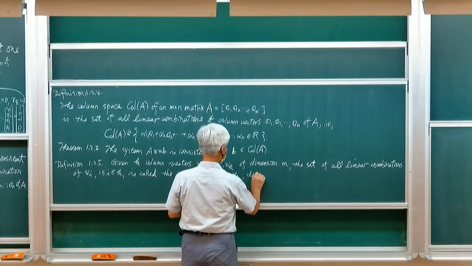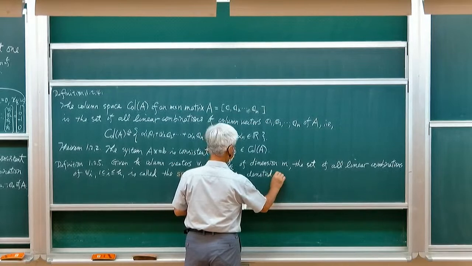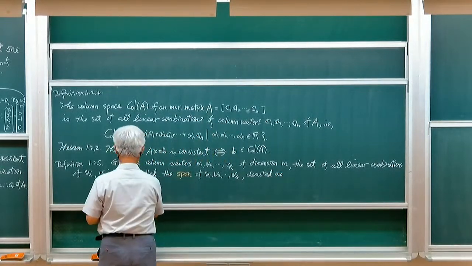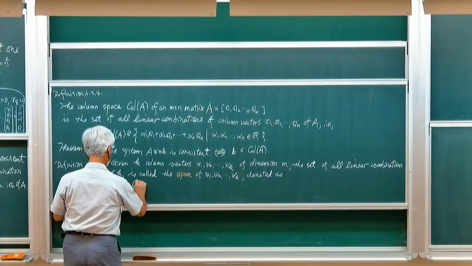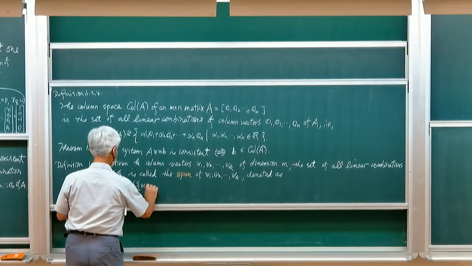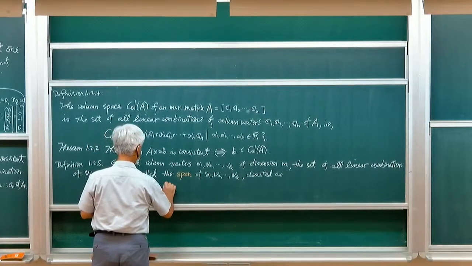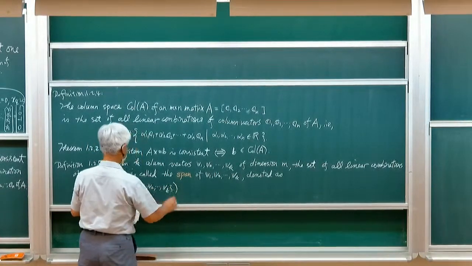All right, and we have a notation for that. The span of the set of the column vectors.